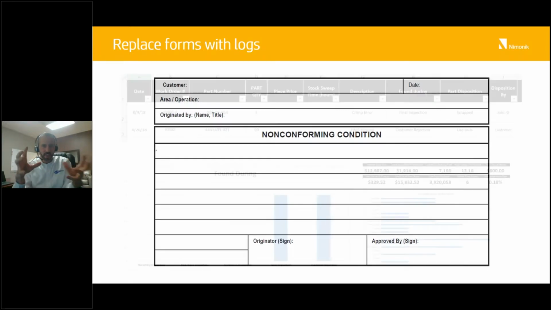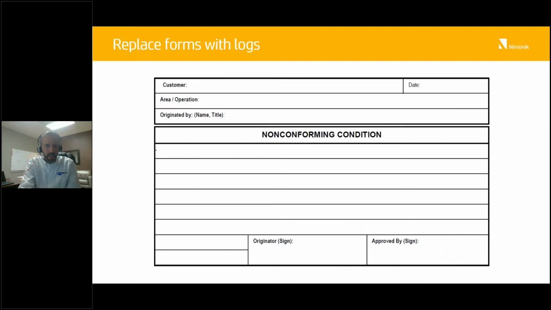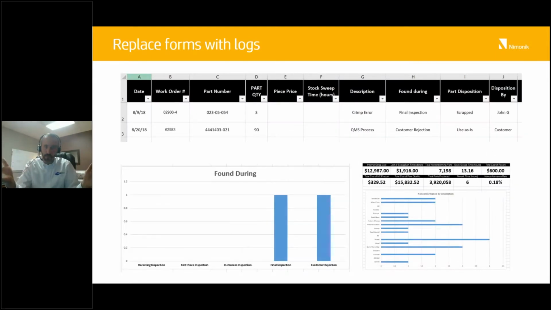If we take that same information and put it on a log rather than separate forms, or enter it into a database rather than maintaining separate documents, not only do we still have the information, because all the information on that form is now in the log, but now we can mine that information with data.